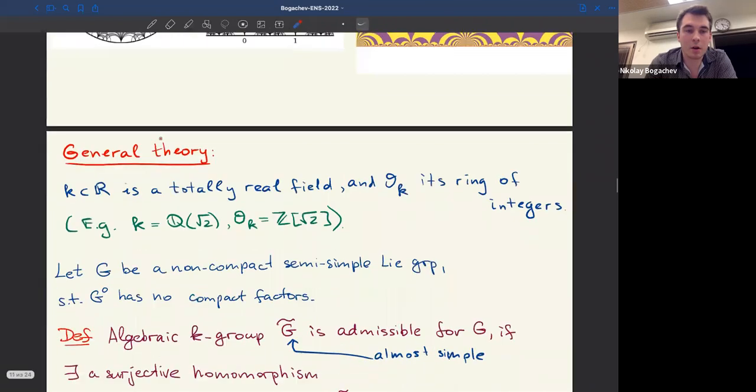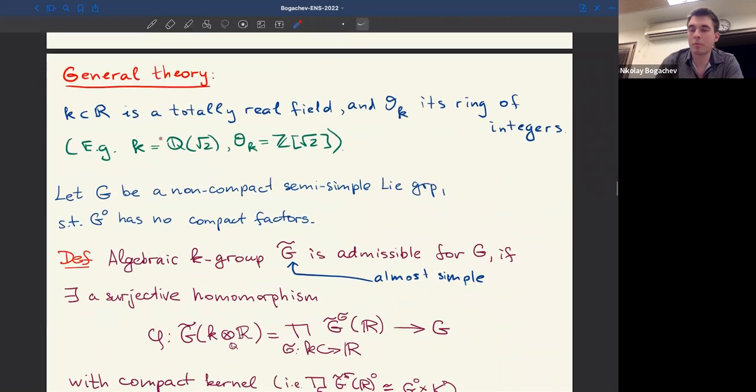But I would like to give a more general definition of an arithmetic group, and here we need a totally real number field and its ring of integers. For example, one can think about the field Q(√2), consisting of these numbers, and the corresponding ring of integers will be just Z[√2].